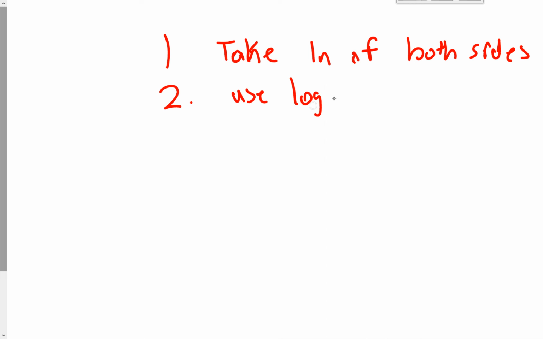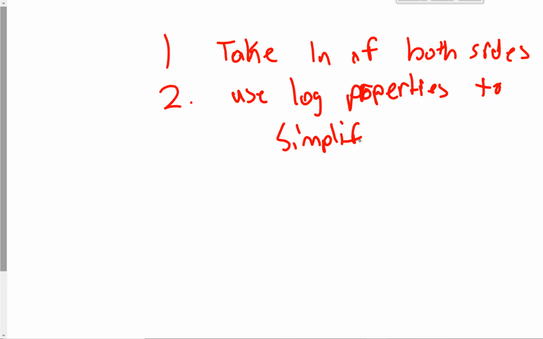Use log properties to simplify. Then 3, you want to differentiate implicitly.